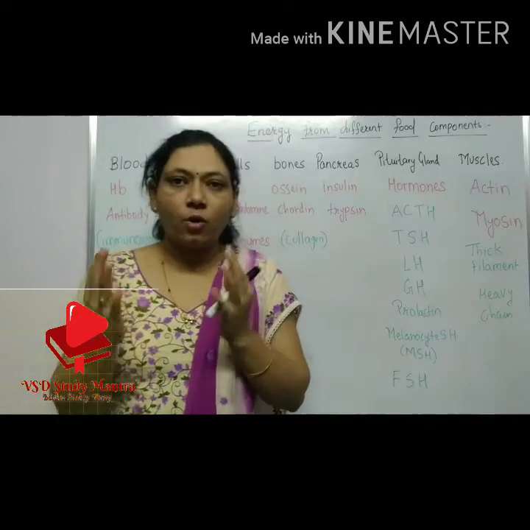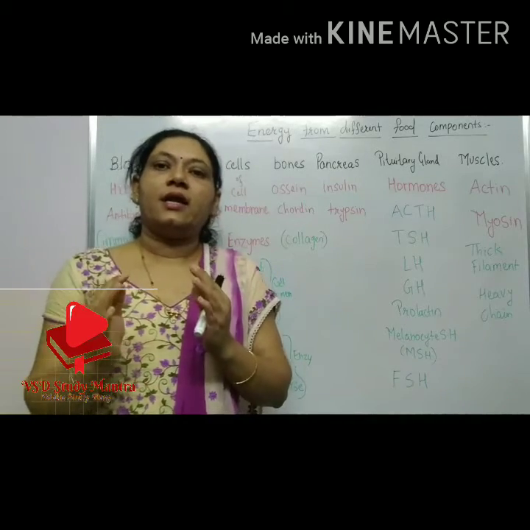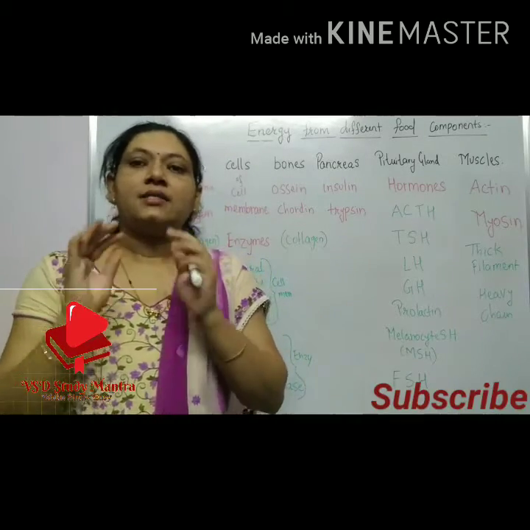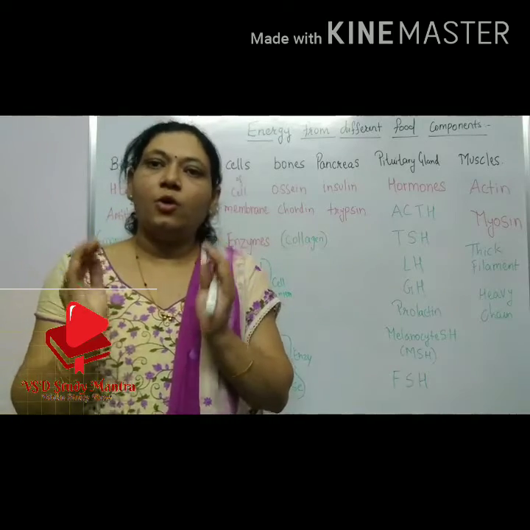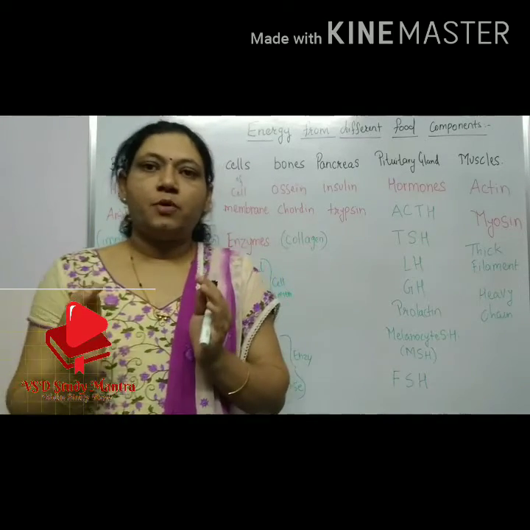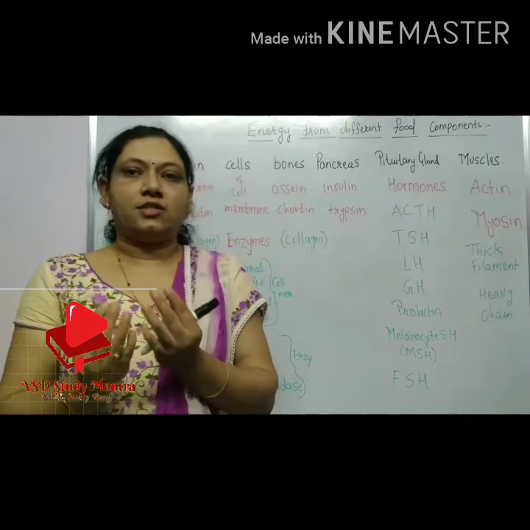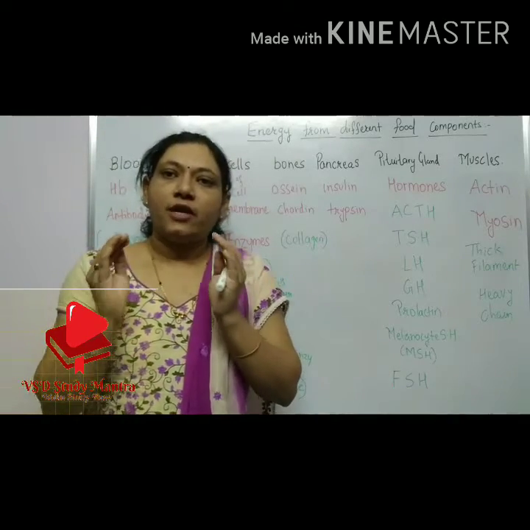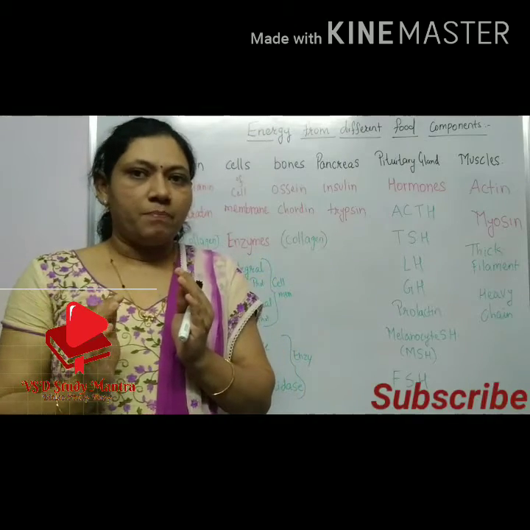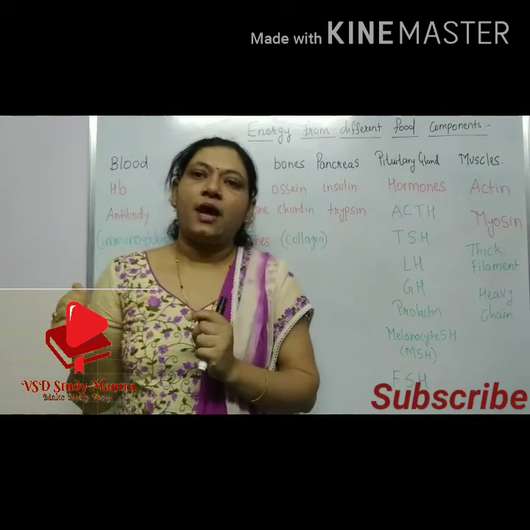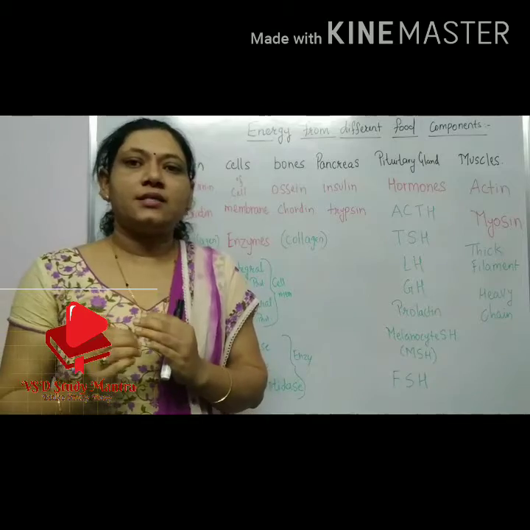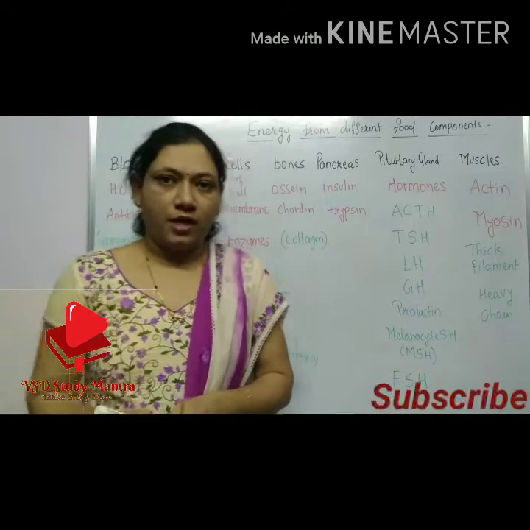Our earth has a globe like structure, and like that hemoglobin also has a compact, globe like structure. It is a very globular and compact protein. Now antibodies, it is a Y shaped protein.